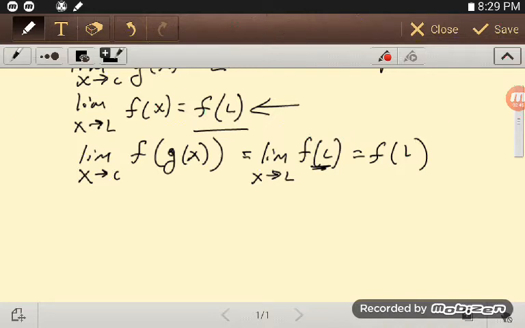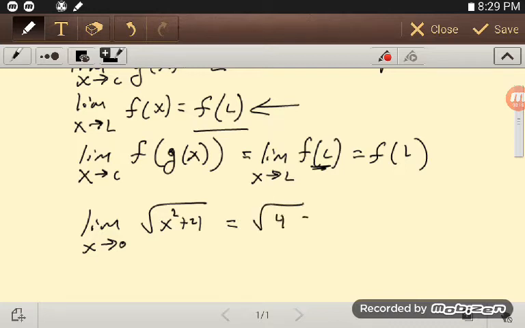They're looking at something that we can do direct substitution on. They've got an example, for instance, the limit as x goes to 0 of the square root of x squared plus 4. Well, for us, that's a very nice function, and I'm happy if you just say that's the square root of 4 equals 2.